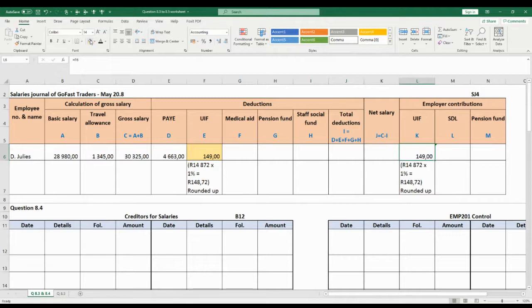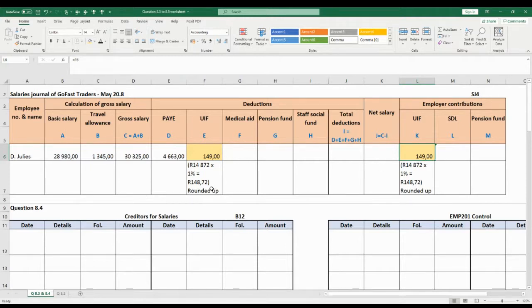So while you do this UIF calculation, you can record the UIF contribution from the employer at the same time. So you already get 2 marks just for completing that, and you've done one calculation.